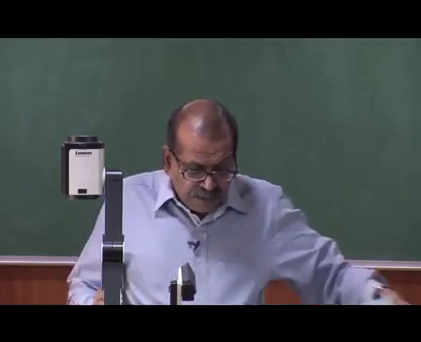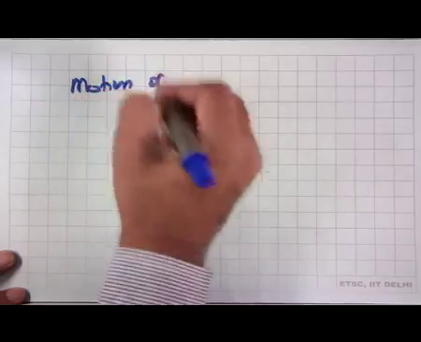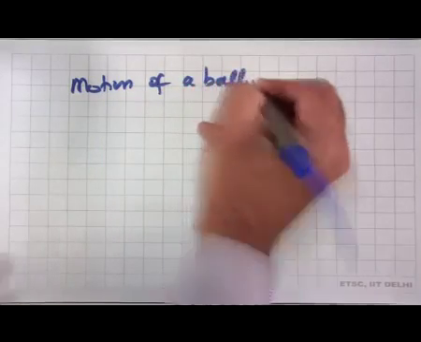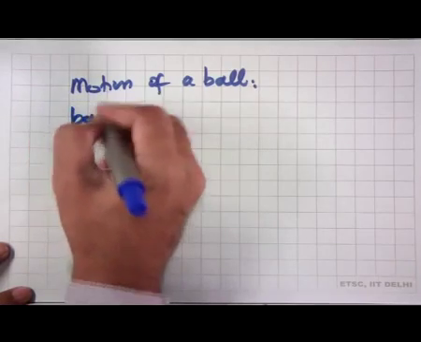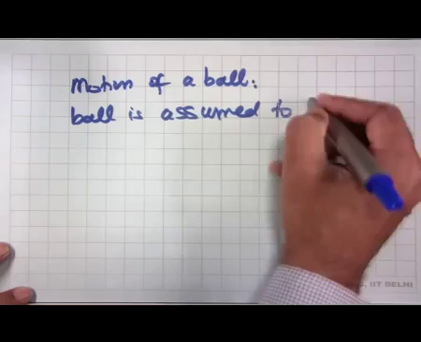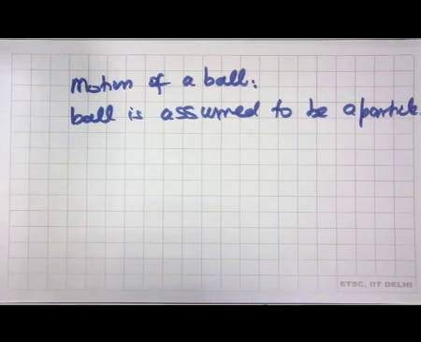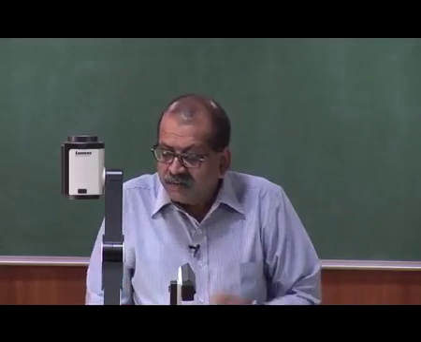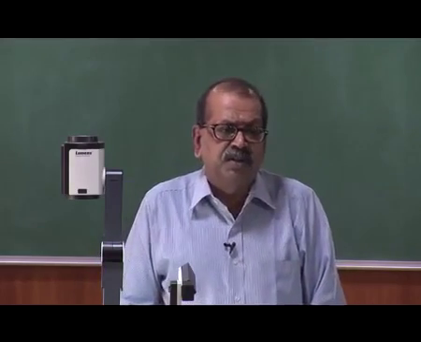For example, when we talk of the motion of a freely falling ball, as we have seen in projectiles, the ball is assumed to be a particle. At least for the next few lectures, we will assume all the bodies on which we are applying the laws of motion are particles.